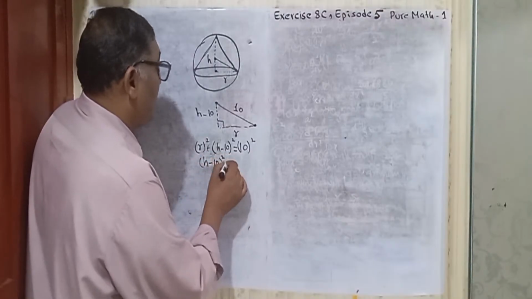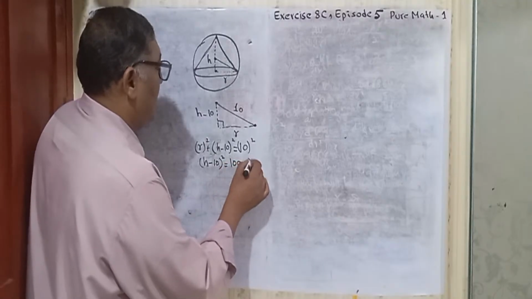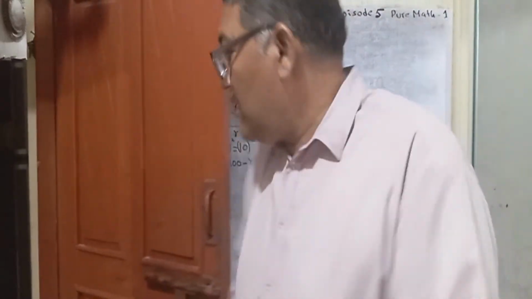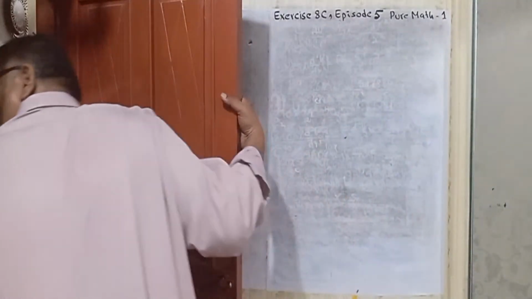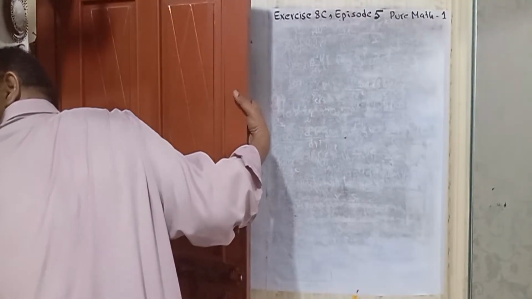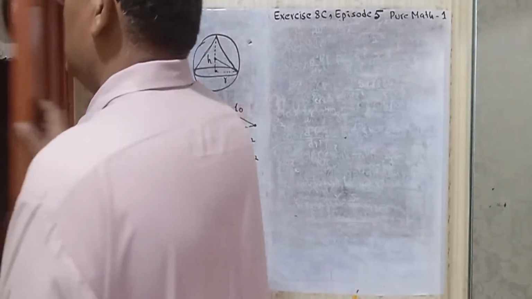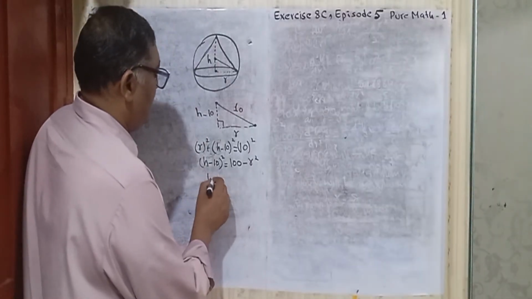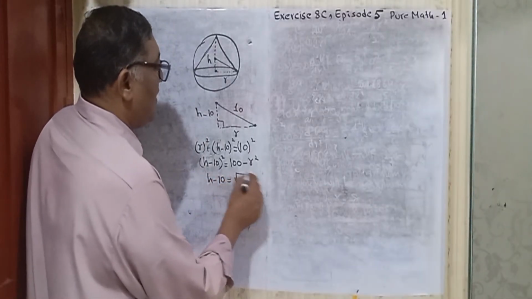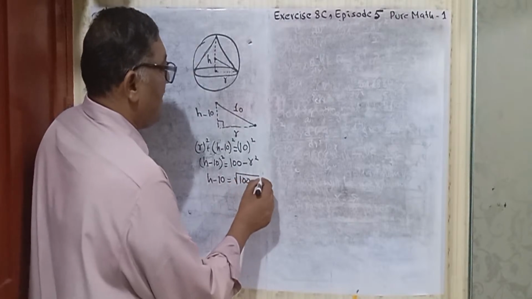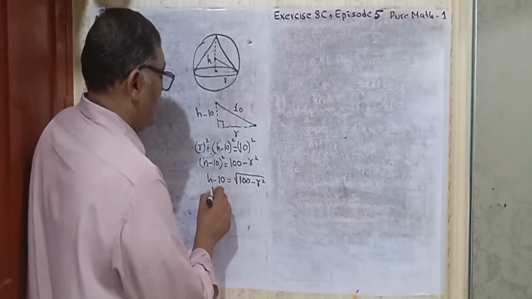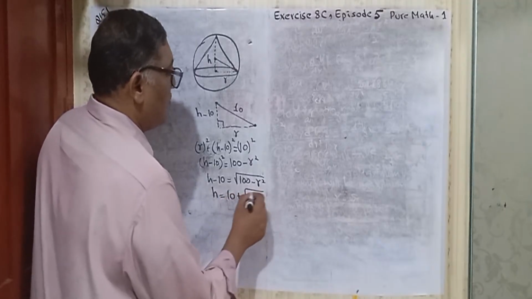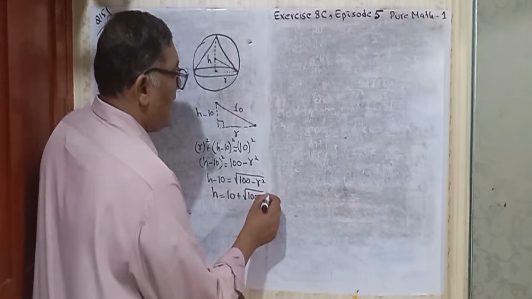Don't open it, then it becomes easy. We can find the square root. So h minus 10 will be equal to the square root of 100 minus r square. So h will be equal to 10 plus square root of 100 minus r square.